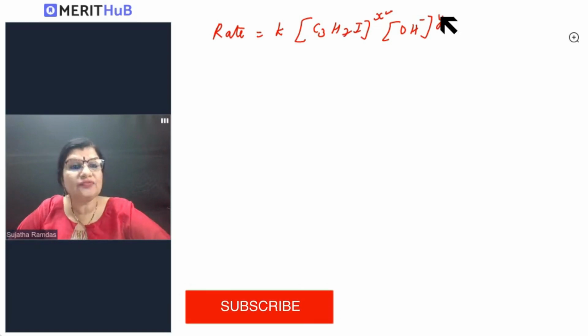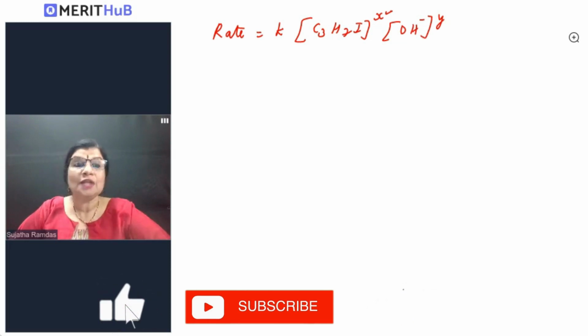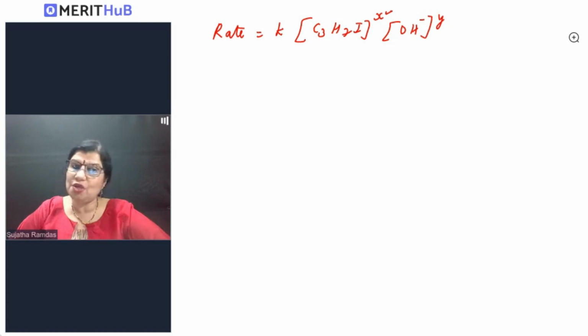Y is the order of the reaction with respect to the reactant OH minus. The overall order of this reaction will be X plus Y. You are aware of that. So our task is to find out X and Y. Substitute it here, that gives us the rate law expression.